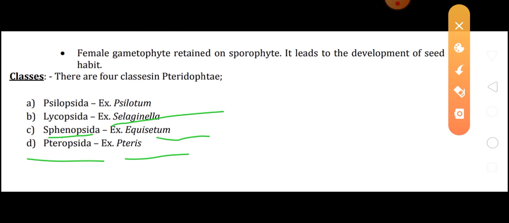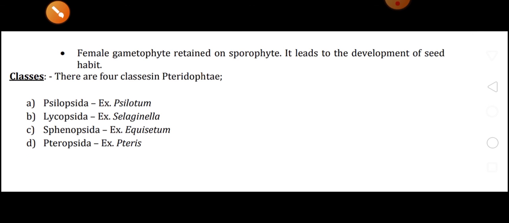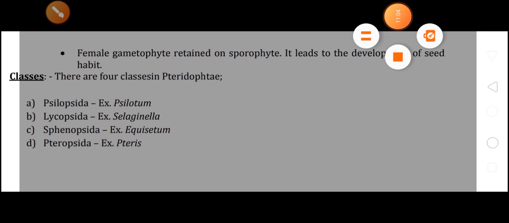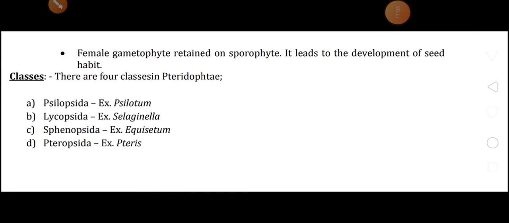So this is about pteridophytes that we discussed today. I hope you have learned. Children, in this chapter we have completed cryptogamy, in which the three plant groups are Thallophyta, that is algae, Bryophyta, and Pteridophyta.